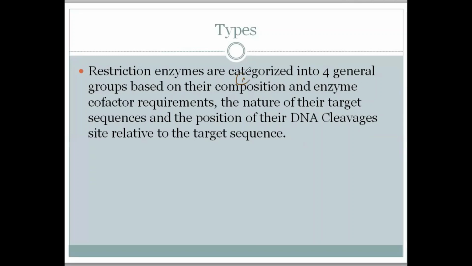The first thing is we characterize it on the basis of its composition. And then what are its cofactors? For example, for some it needs ATP, it hydrolyzes ATP. For some it does not hydrolyze ATP. So that's how the cofactor changes. Now, what is the target sequence and the position where it is cleaving?